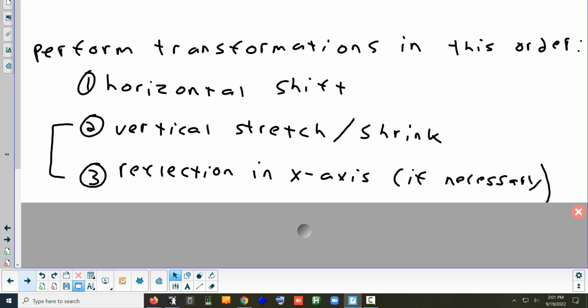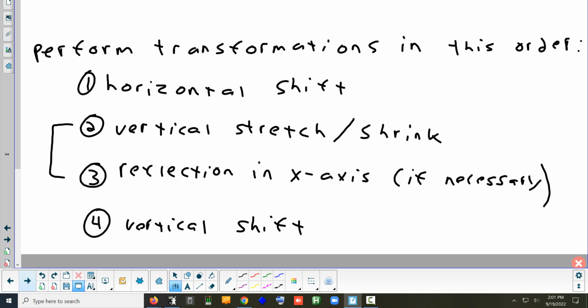After your vertical stretching and shrinking, you deal with any reflections. That would be represented by a negative in front of the number. And the last thing is any shifting up or down. Shifting up and down is the very last thing you would write down.